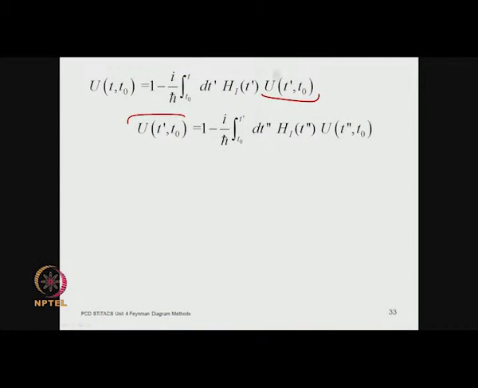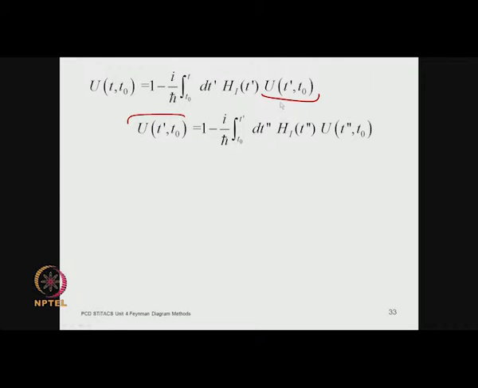So, here is the formal solution, and this one will have a very similar solution, but now the variable t prime is the dummy variable which is used in the first equation. So, when you want to use a dummy variable which will appear in the integration for U(t', t0), you must use a different dummy variable, and the one that I have used is t double prime.